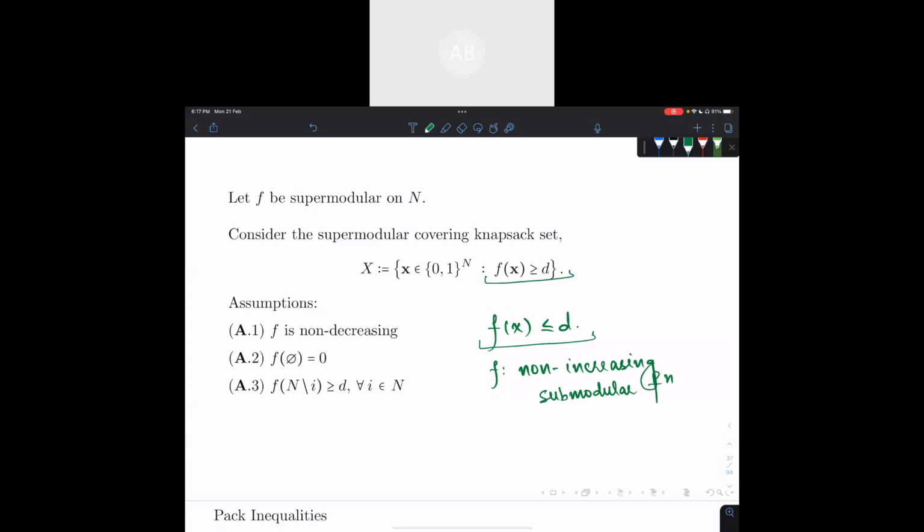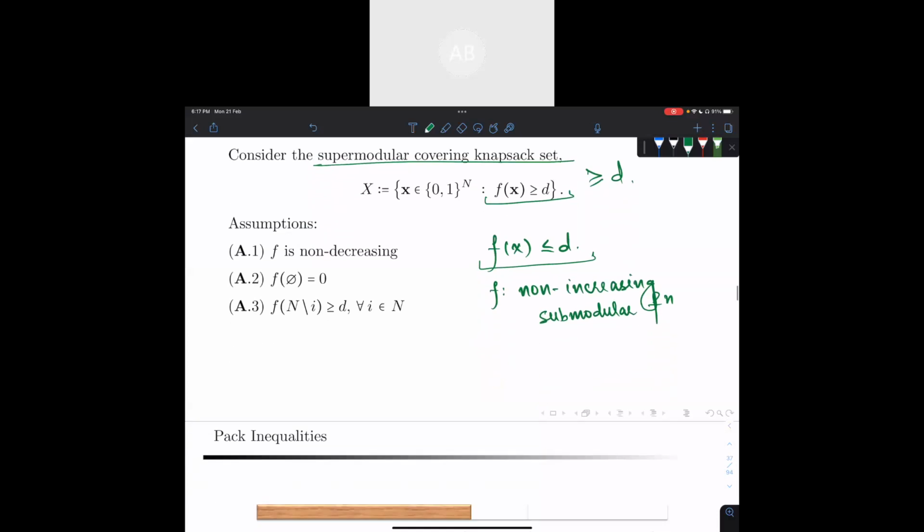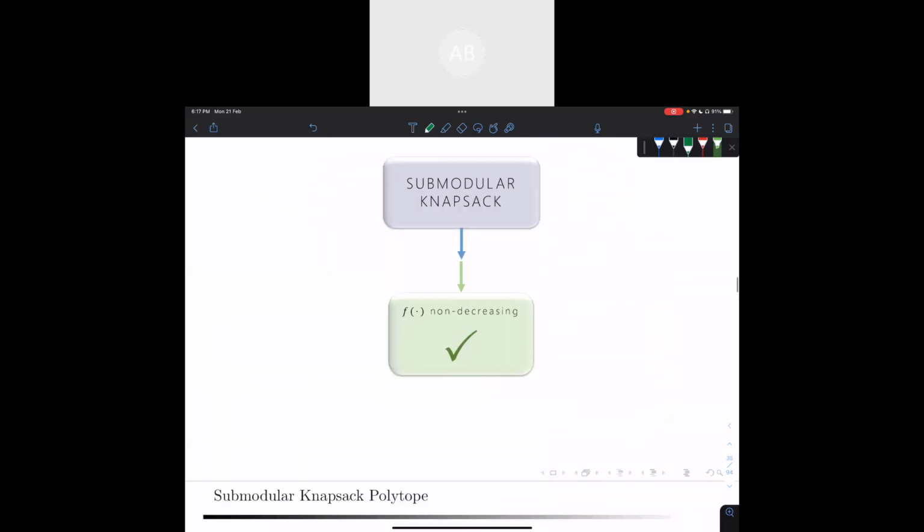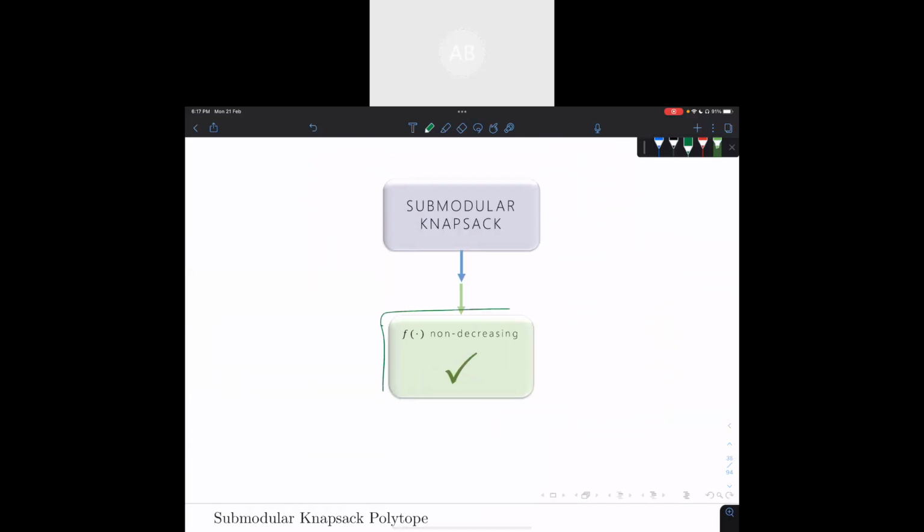In this way, it's a supermodular covering knapsack. So covering sets are of this form, just a negation of this thing. Nothing super crazy. So basically, what we're saying is that we have covered non-decreasing. The second step is to figure out f non-increasing.